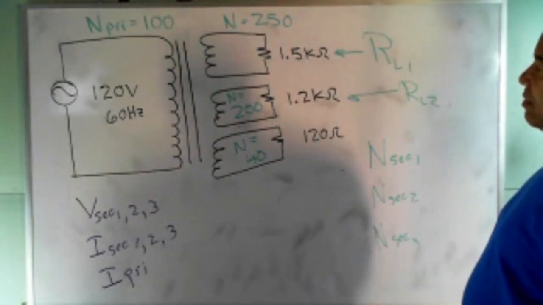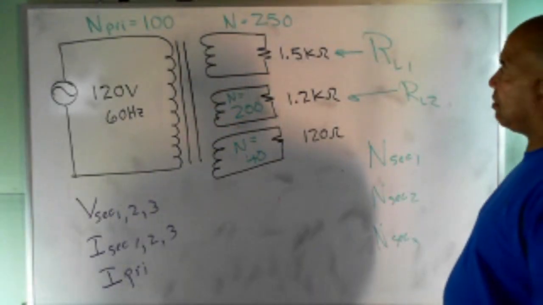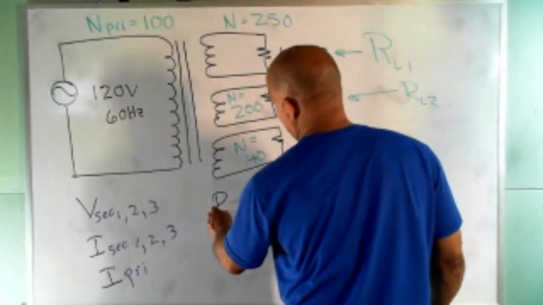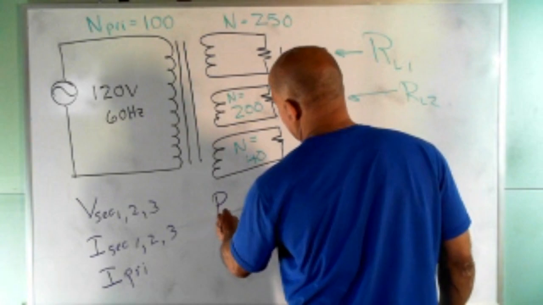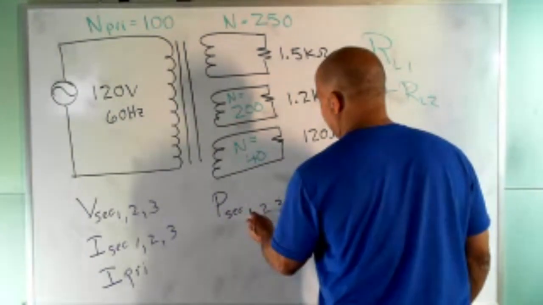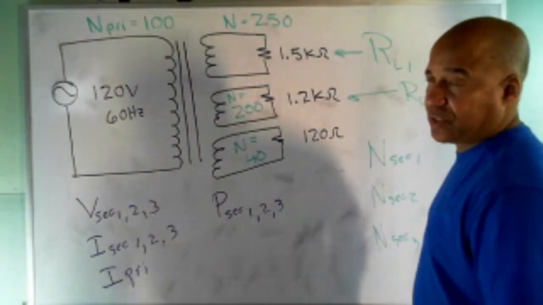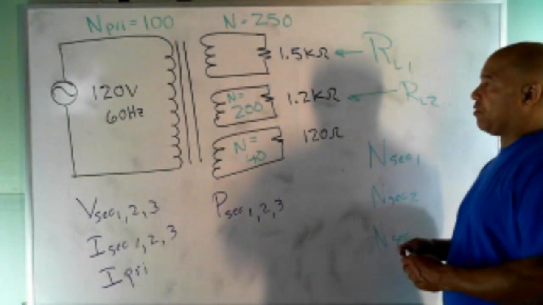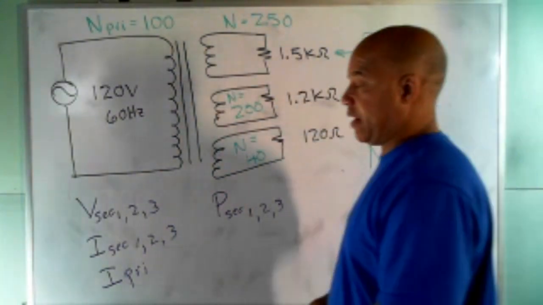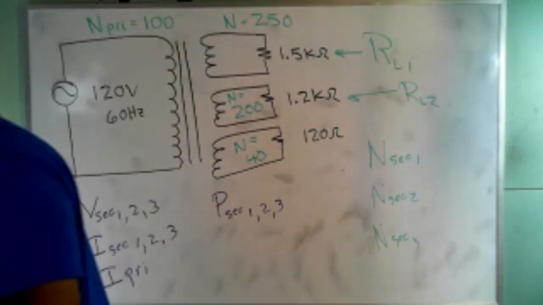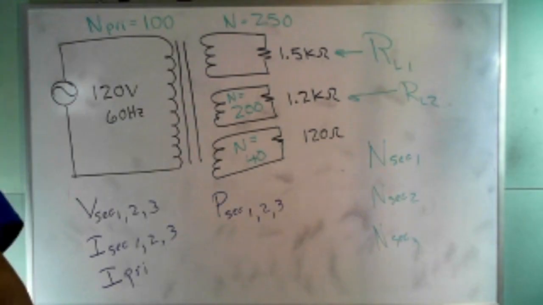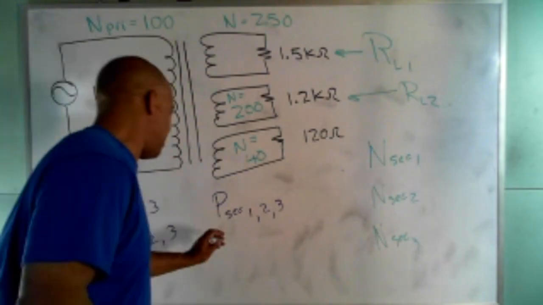I guess that's it. You probably want to find P secondary, all of P sec 1, 2, and 3. I would find those because it'll make the rest of the calculations easier. So solve this for voltages on the secondary, currents in the secondary, current on the primary, and power on the secondary, and I guess power on the primary. We should probably do that too.